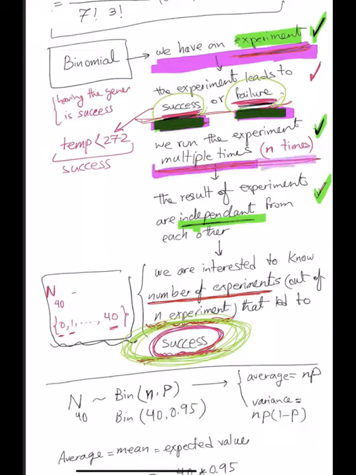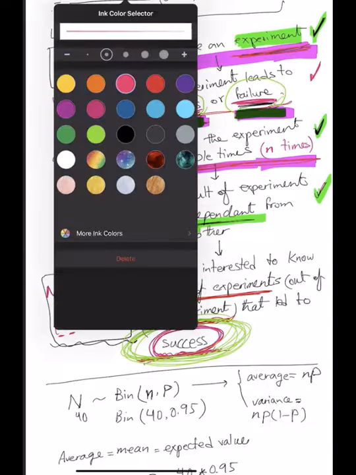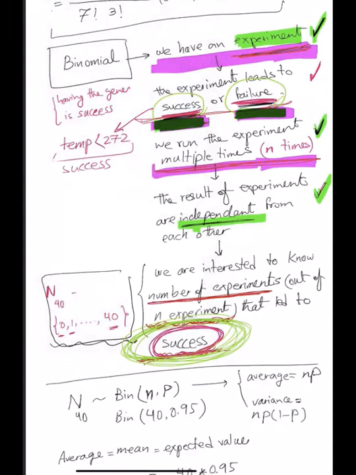And how many times do we run the experiment here? 20. You see below the table, it says a total of 20 independent reactions are to be conducted. Okay, so then n here is 20.